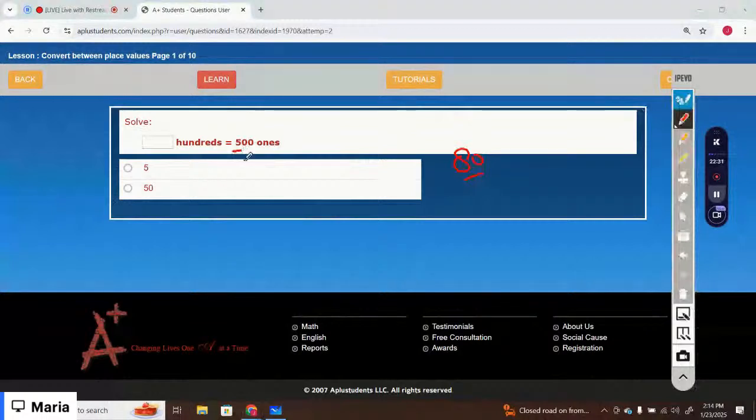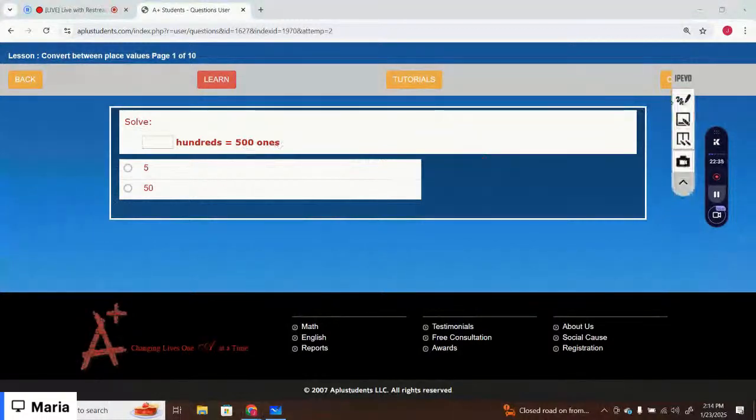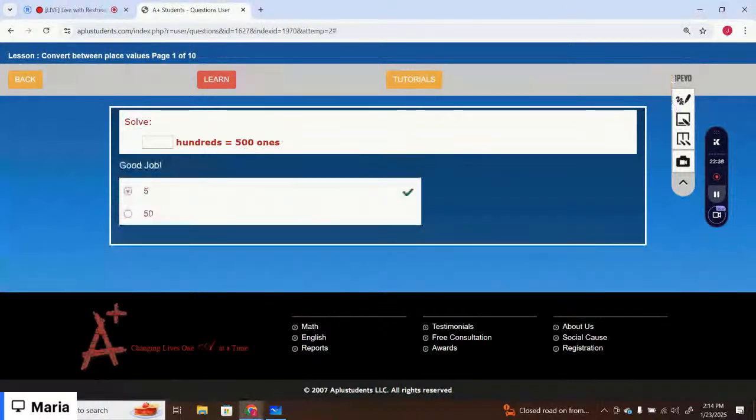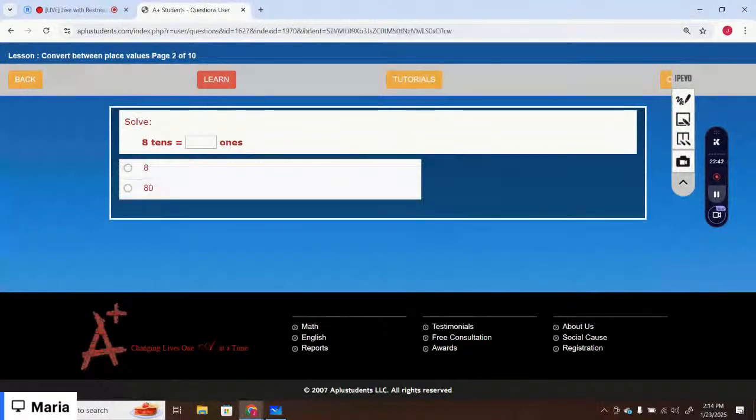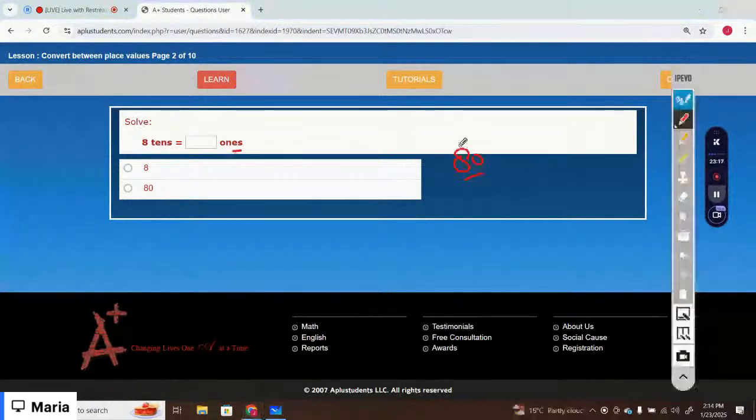The correct option is option number 1. 8 tens equal how many ones? 8 tens means 80, right?